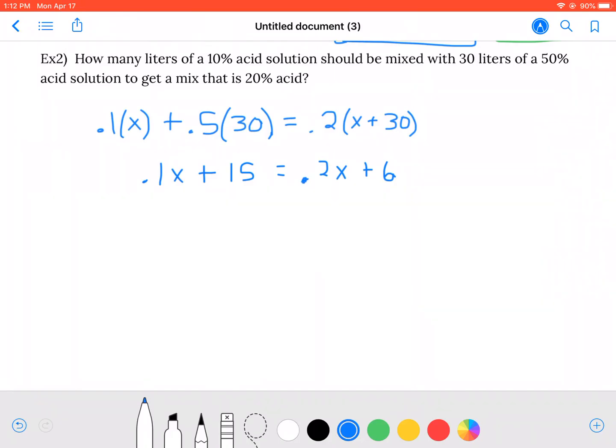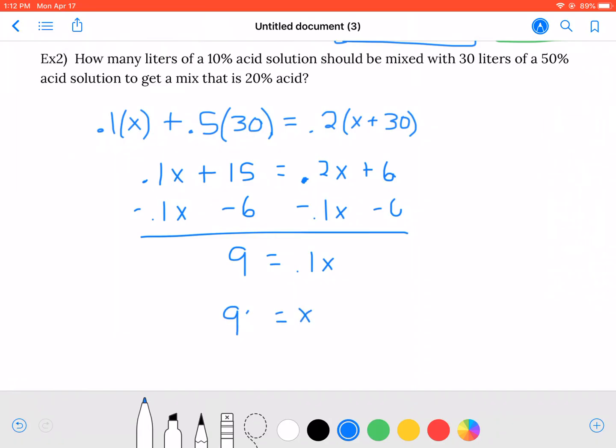So if I subtract 0.1x and I subtract 6, this is 9 equals 0.1x. So x equals 90. That means we would add 90 liters of the 10% solution in order to meet that requirement.